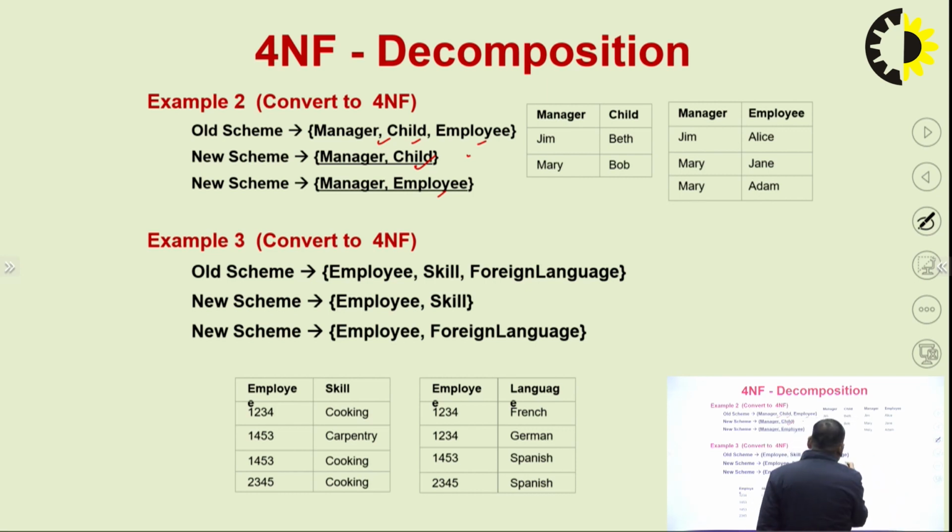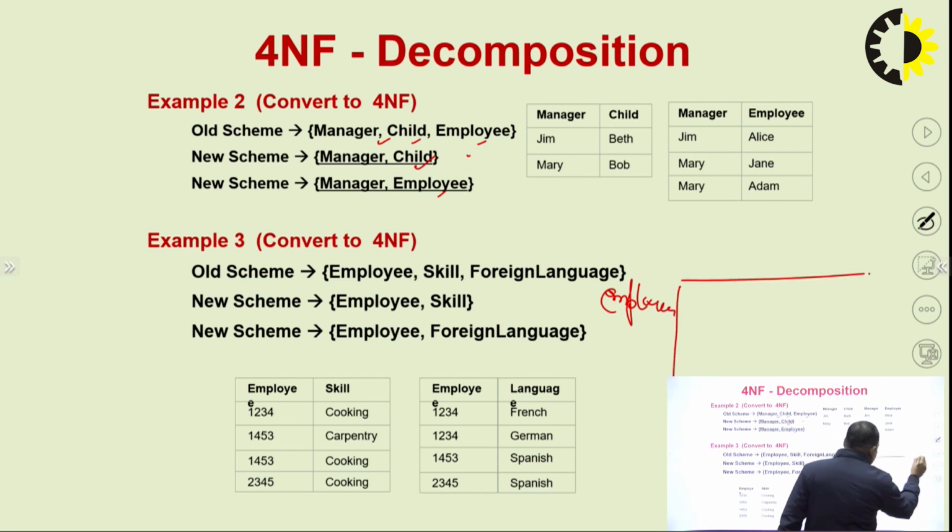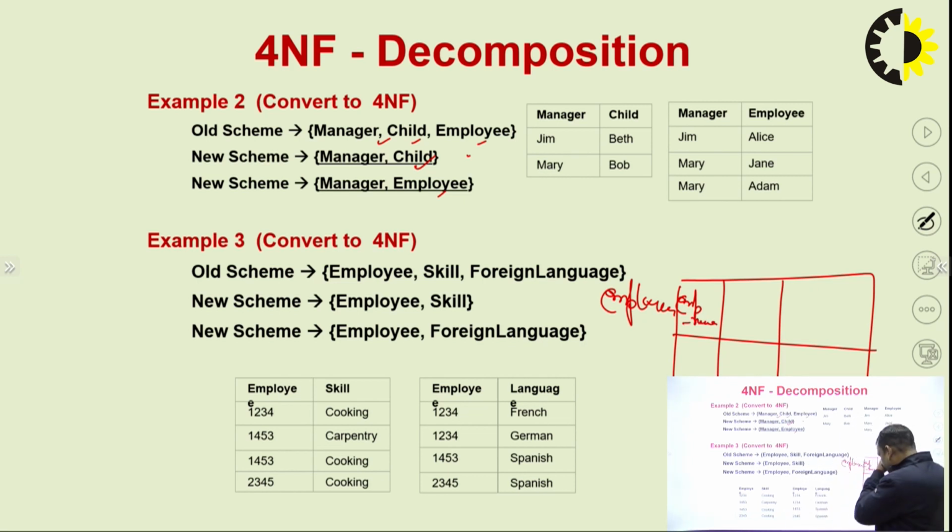So the first attribute is employee underscore name, the second is employee ID, and the third is employee address.